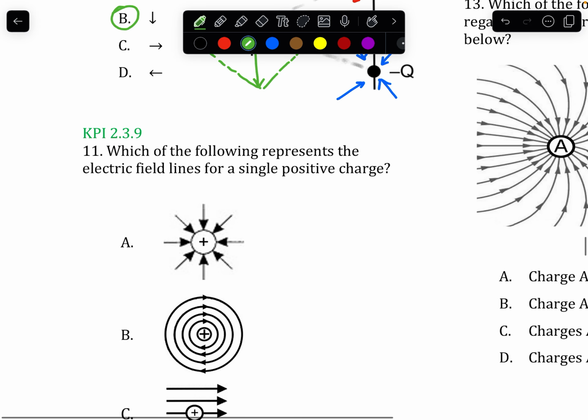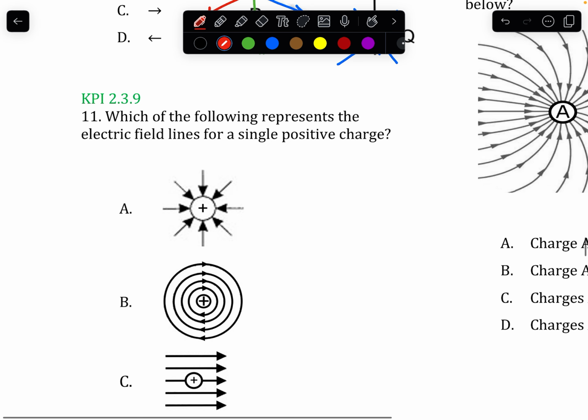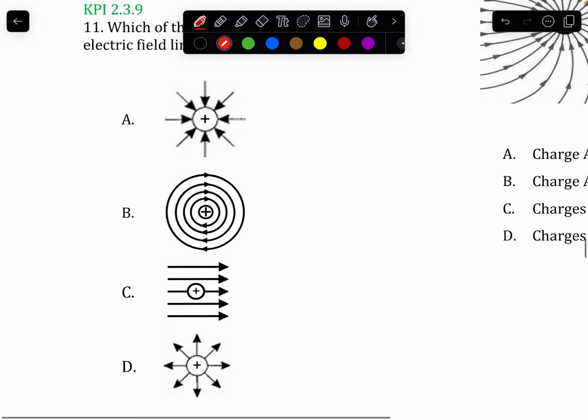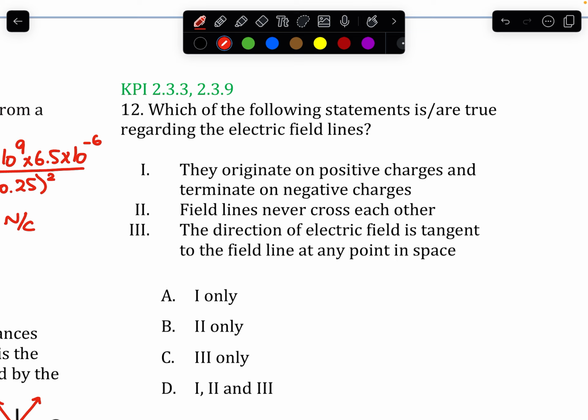Question 11. Which of the following represents the electric field line for a single positive charge? A single positive charge should be as A, outward radial electric field lines that are never meeting. Question number 12. Which of the following statements are true regarding the electric field?